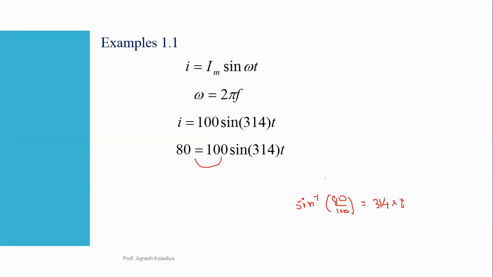But we have to find t, so you can also take 1 upon 314 on this side. Okay, this will give you the t. So much simple equation you can see. Just you have to simplify it. Calculate, use your calculator and tell me the answer.